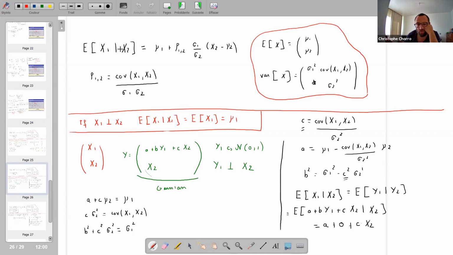So in order to do so, I build a new Gaussian vector with the same characteristics, that is with the same distribution, I impose this form and I choose the good A, B, and C. And now to compute the conditional expectation of the first component with respect to the second, it is sufficient for me to compute it for this vector, because these two vectors have the same distribution.